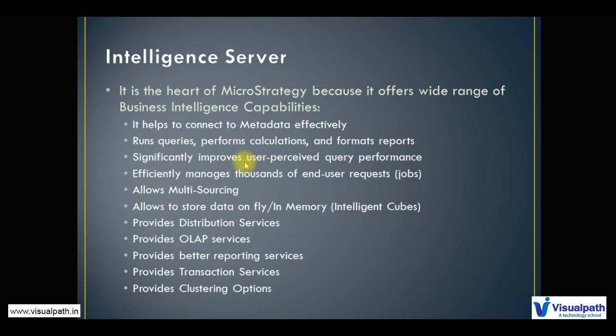You can cluster them so that when the first node goes down, the second node is live and supports your environment. When your second node goes down, your third node is live. In a way, it will almost never happen that all 3 nodes are down. That's the rarest of rare scenarios, right? But whenever such things happen, clustering of nodes makes sure that your environment is live 24/7. That's really important. Again, that clustering option is provided by Intelligence Server.